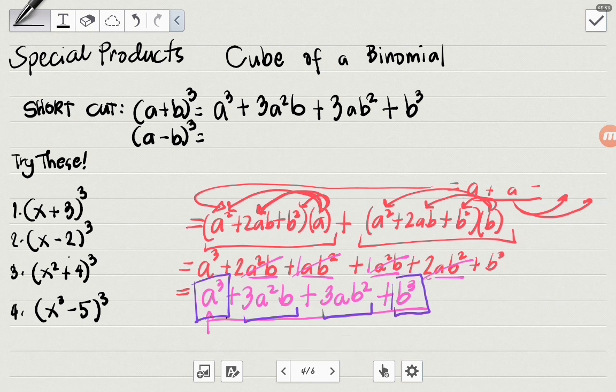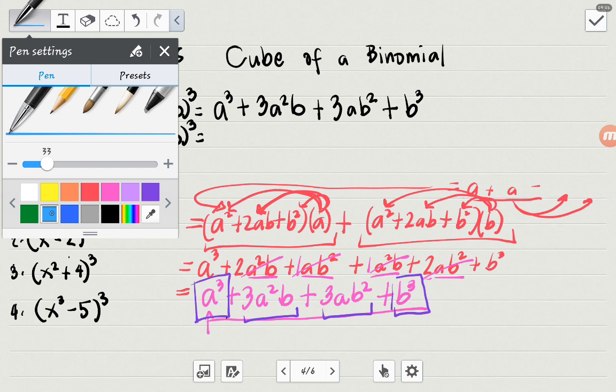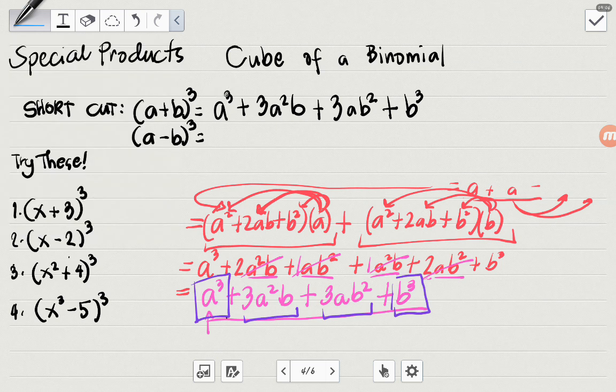Okay. So, kung mapapansin nyo yung arrangement ng exponent natin dun sa 4 na terms. Sa first term, may a, pero ang exponent niya ay 3. Sa second term, may a, ang exponent niya ay 2.